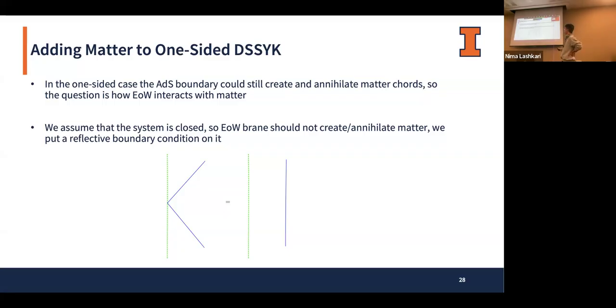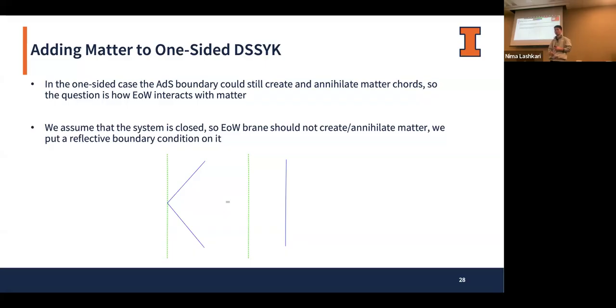So my conclusion is that the matter operator does not change in this case, and the only thing that changes is the gravitational operator, which as I said before, you just add to it an operator which is mu to the q^n, right? Can the matter chord end on the end of the world brane?